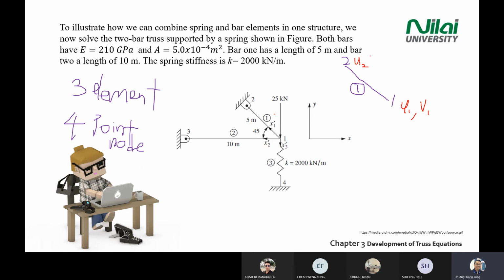Then point 2 also gives you another 2 movements, u2, v2. So if you calculate element 1 only, then you have 4 displacements for one element. You have u1, v1, u2, v2. You count as 1 movement, 2 movement, 3 movement, 4 movement.